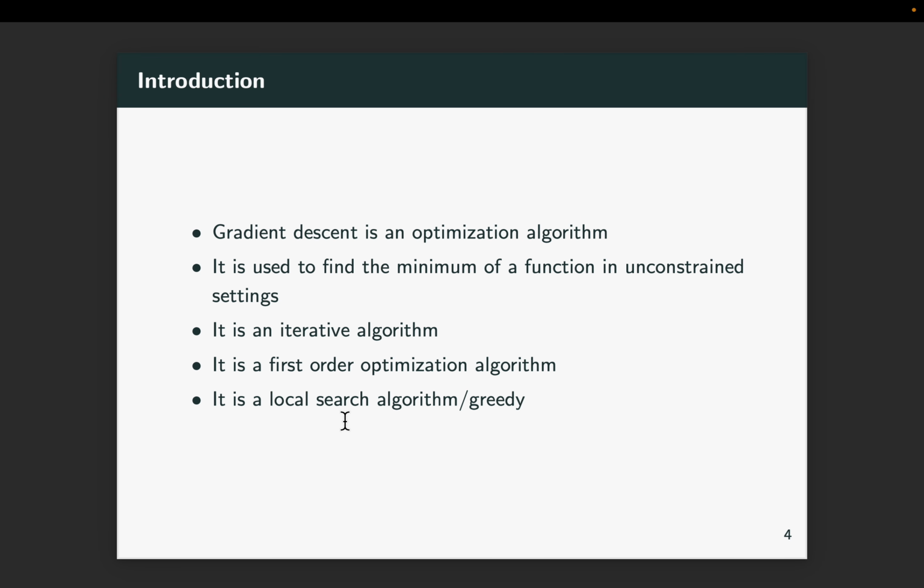Where else have we looked at a greedy algorithm? Decision tree. What was the greediness there? We choose an attribute based on which gives us the maximum information gain at that level. So the greediness is that we just want to compute a good tree at that level; we don't look at the future. Similarly, here it's also a greedy, local search algorithm. We'll see how that's the case.